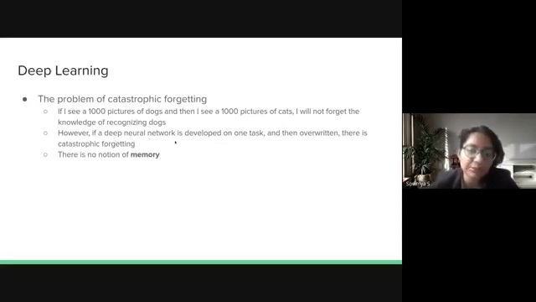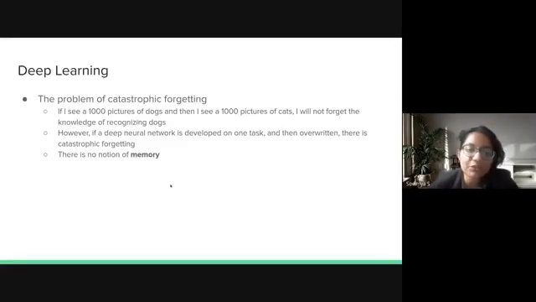However, if a deep neural network is developed on one task, that is identifying dogs from other animals, and then overwritten, as in you train over it, then there is catastrophic forgetting because I only now know how to recognize cats from other animals.